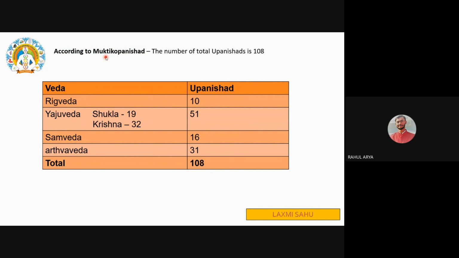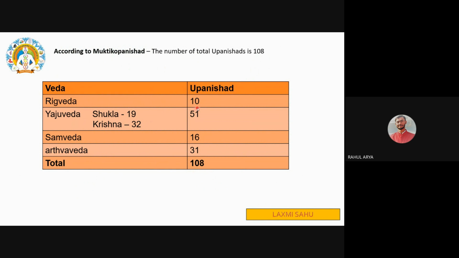In the Muktika Upanishad it is mentioned, though a few sages say there are more than 1000 Upanishads, that most of the sages favor the view that the total Upanishads are 108. It is documented in the Muktika Upanishad as evidence that the total is 108.